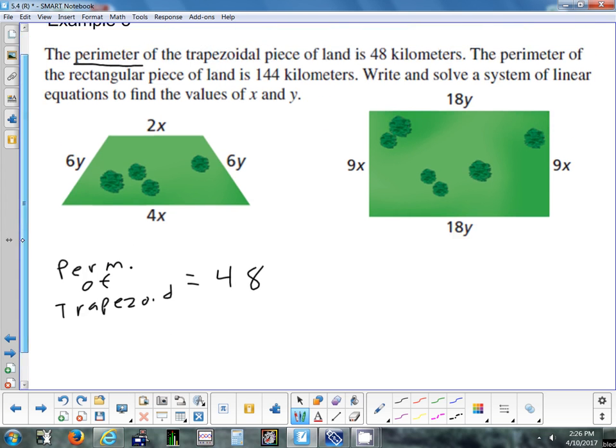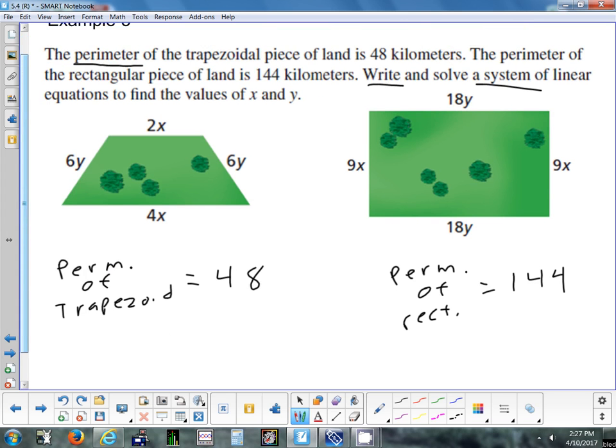How about the perimeter of the rectangle? Yep, perimeter of rectangle equals 144. First, they want us to write a system. And then after we write it, we'll solve it. So let's look at just the perimeter. What did we say you do to find the perimeter of something?